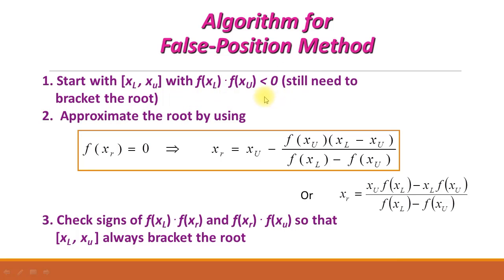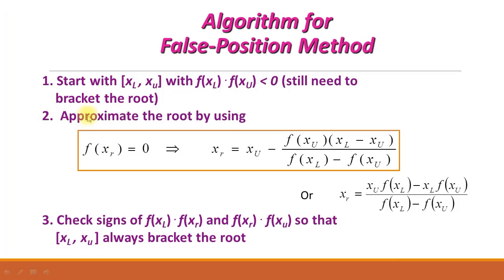This sentence means that if the product of the function estimates at these two values is not less than 0, suppose it is greater than 0, then bracket the root. Bracket the root means choose other two values at which the function has opposite sign.